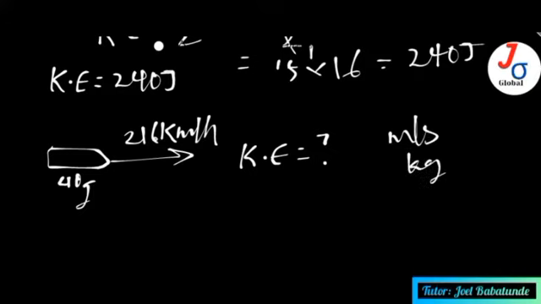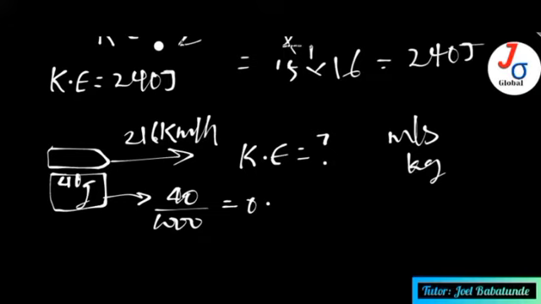We have to convert this 40 grams to kilogram. And how do we do that? Kilo means 1000. That's 40 divided by 1000, and that gives us 0.04 kilogram. So this is the mass of the bullet in kilogram.